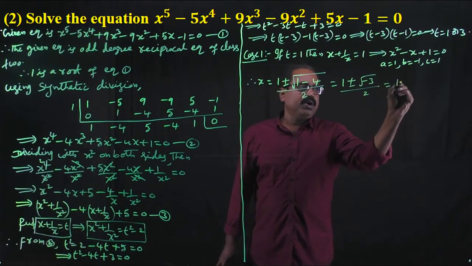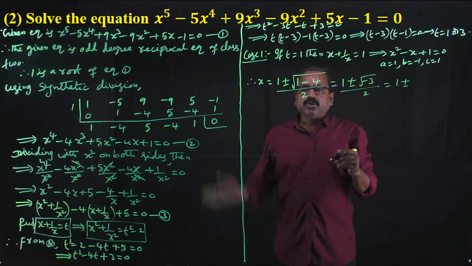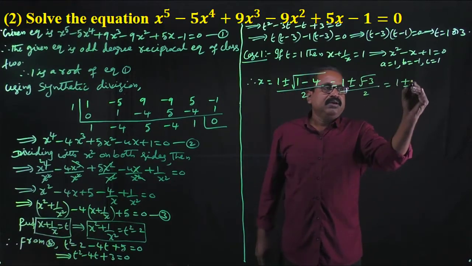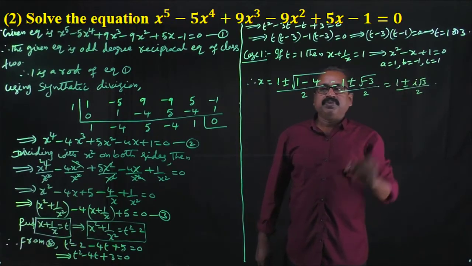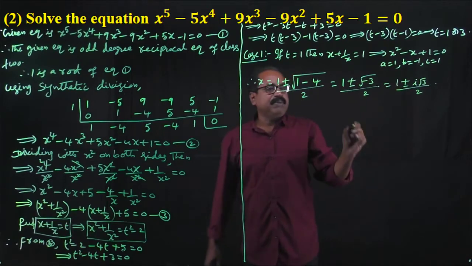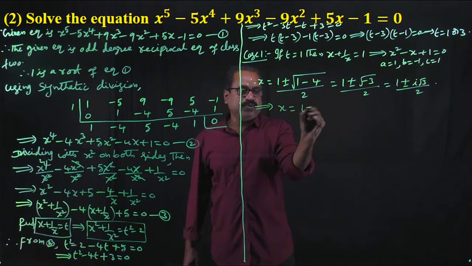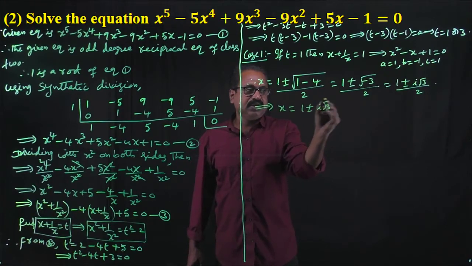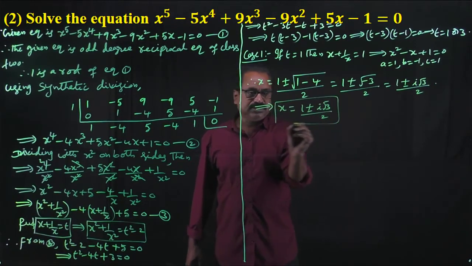Here minus can be written as i square, root of i square is i, so i root 3 by 2. So x is equal to 1 plus or minus i root 3 by 2. This is case 1.